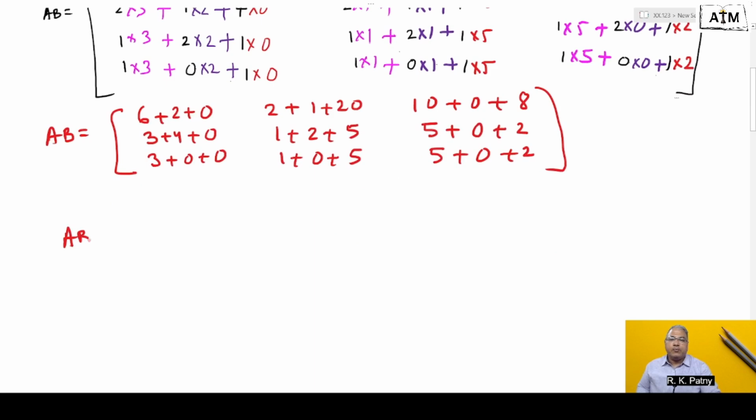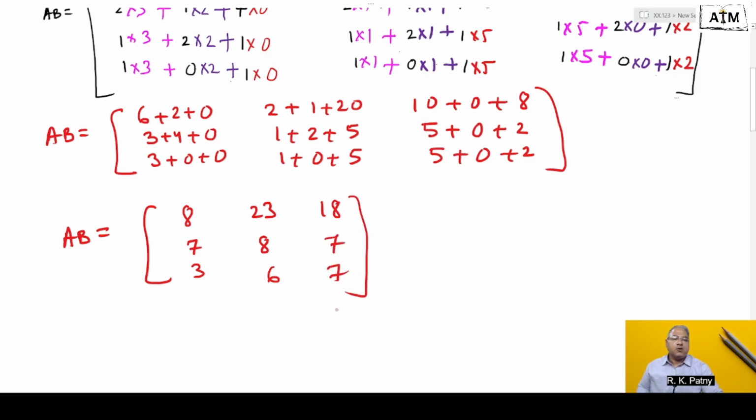Therefore, AB equals 8, 7, 3, 23, 8, 6, 18, 7, 7. This is the result of multiplication of 3 by 3 matrices, and we got the result AB equals 8, 23, 18, 7, 8, 7, 3, 6, 7.